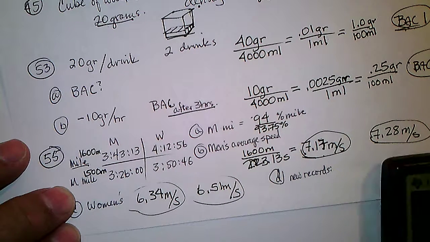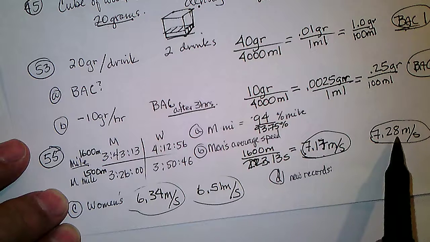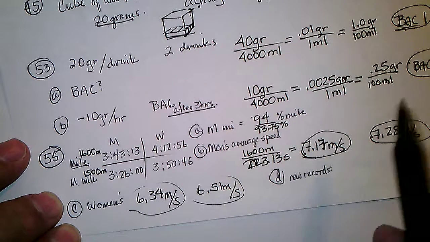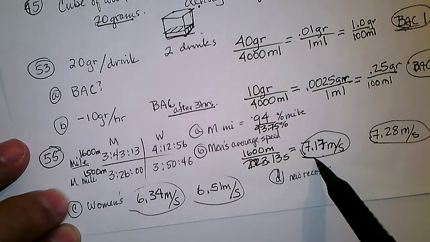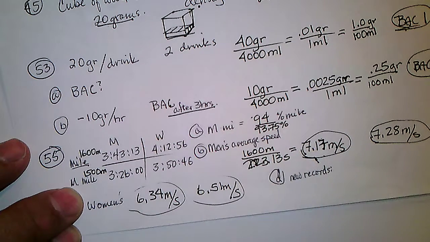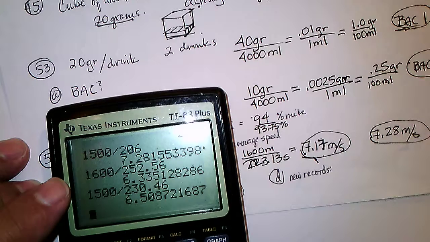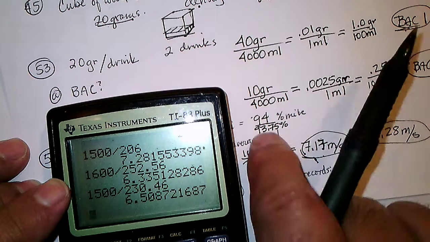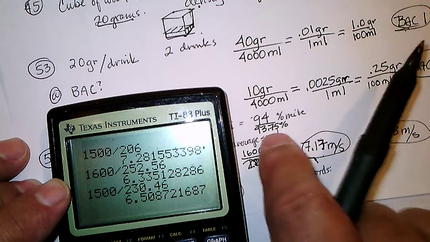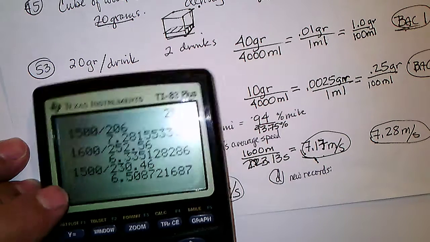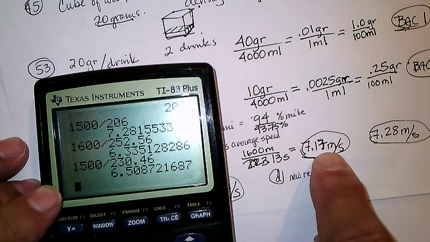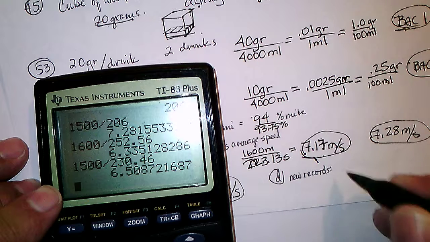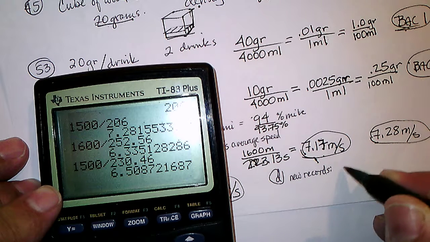So now they say, what would be the new records if they ran the faster pace for the whole 1,600 meters? So they would now have to run a longer race. If they did this many meters per second, then we want to find out what their times would be.